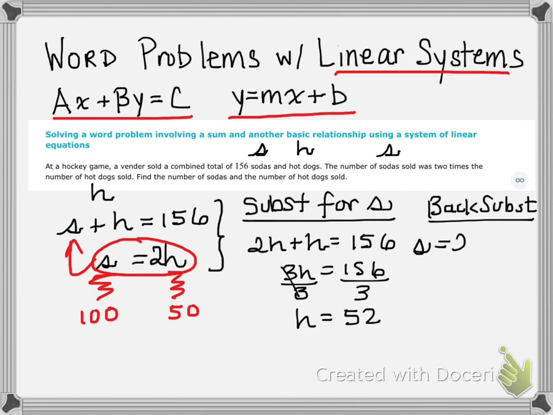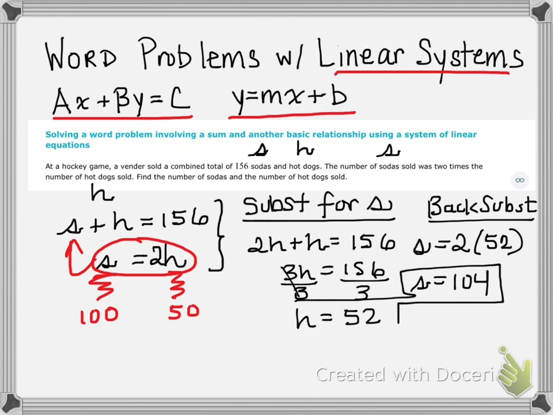S is equal to 2 times 52, and I get that there were 104 sodas sold. So find the number of sodas and the number of hot dogs sold, and I've got it there. That's 104 sodas and 52 hot dogs.